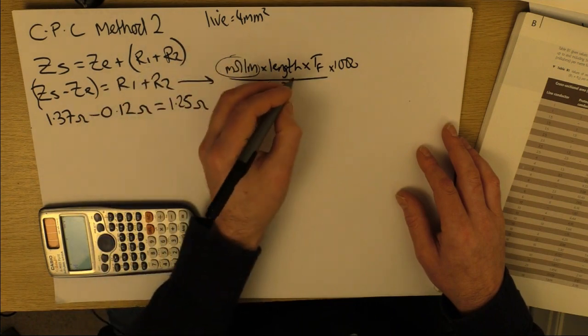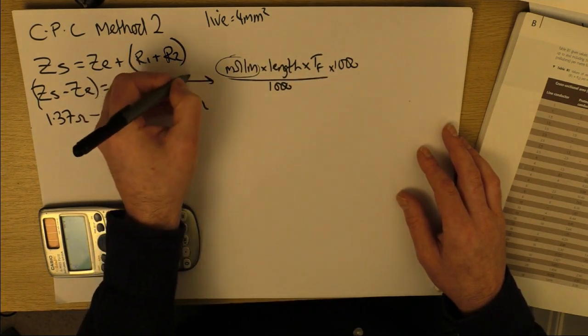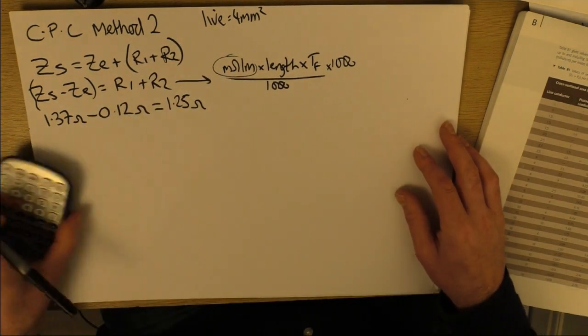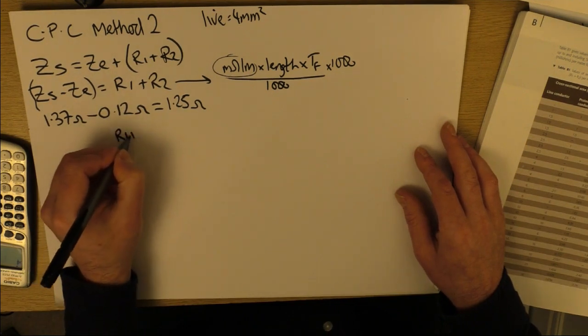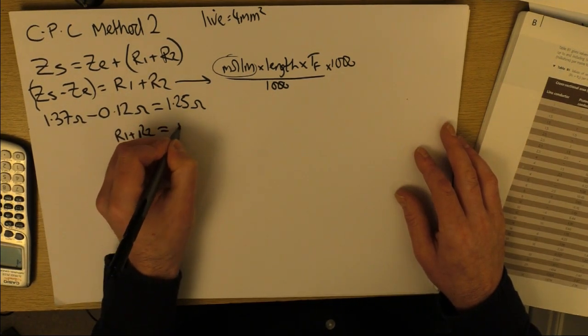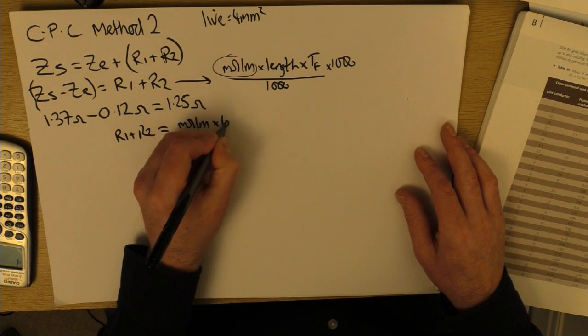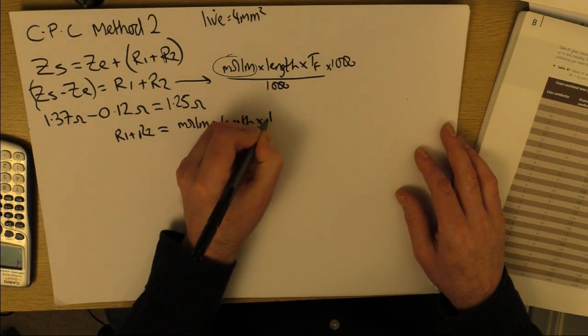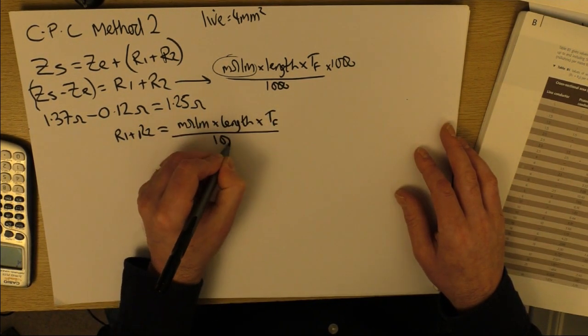I need to actually write an equation here, don't I? I'll tell you what, I'll do it down here. So R1 plus R2 equals milliohm per meter times length times temperature factor over 1000.